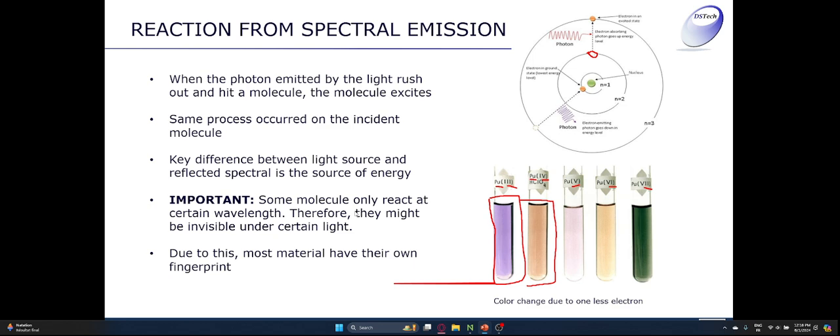This is not because it doesn't change color. It changes color, yes, but in a color that we cannot see. It's actually changing maybe in the IR range. This is a common thing to happen in organic molecules. That's why you want to use IR spectroscopy most of the time for organic molecules.